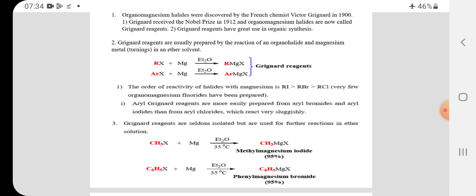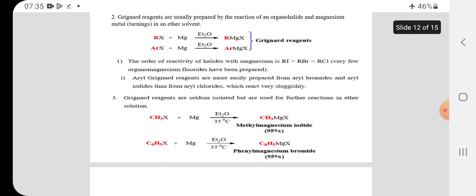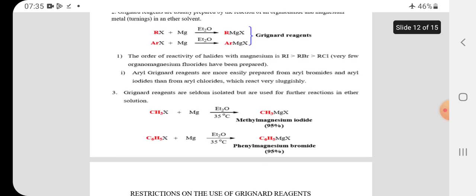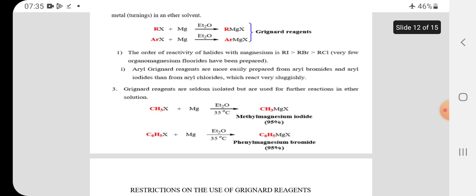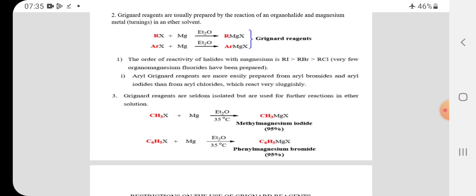In general, an alkyl halide reacts with magnesium metal in the presence of dry ether to form an alkyl magnesium halide. Suppose we use an aryl halide such as chlorobenzene or bromobenzene; in the presence of magnesium it forms an aryl magnesium halide.